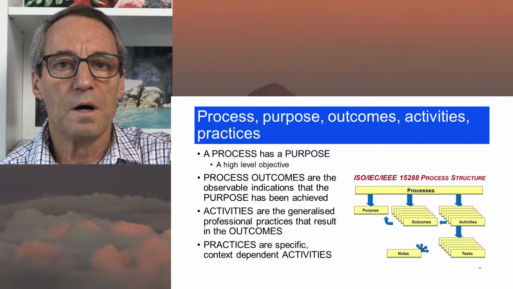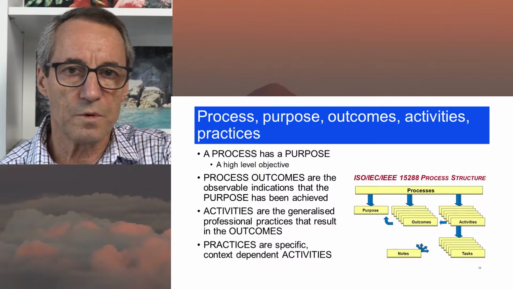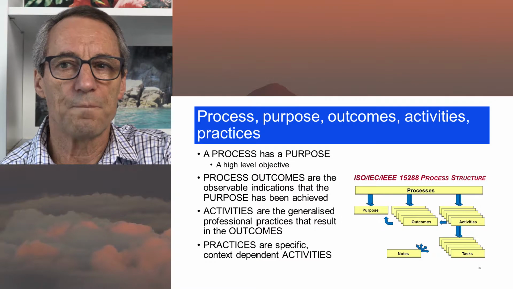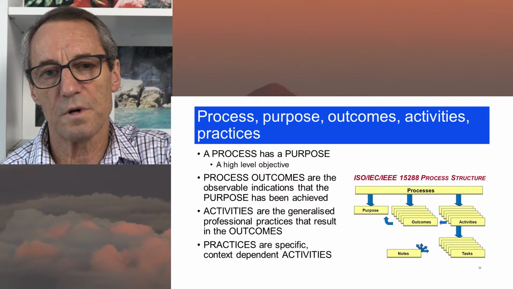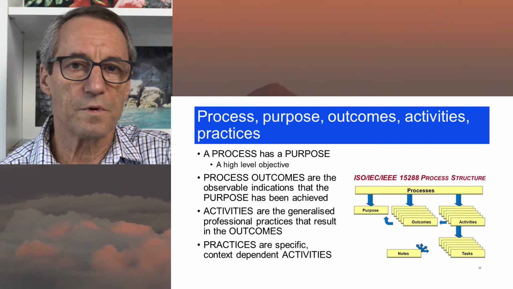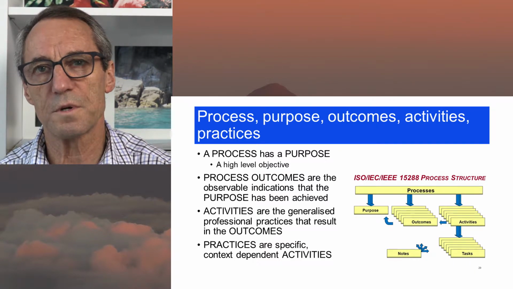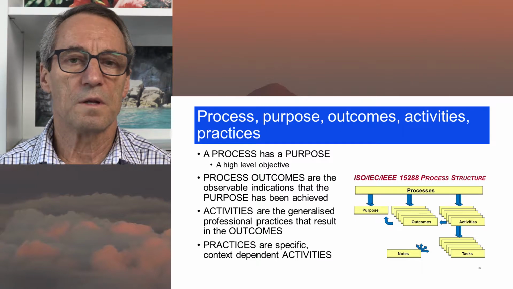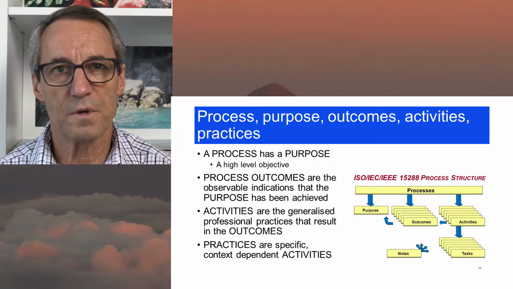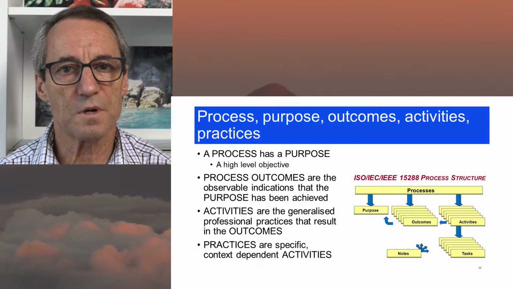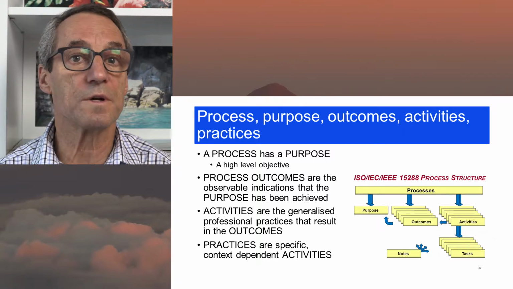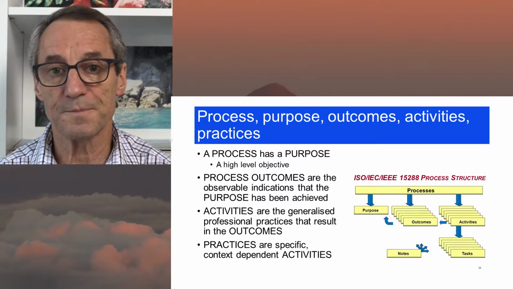Now, in the software development world, there has been a fairly standard way of describing a process for software development, and it first arose or was implemented in the first attempt to describe the lifecycle processes of software development, which is in ISO 12207.